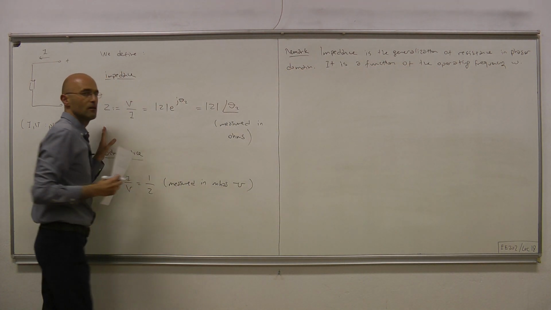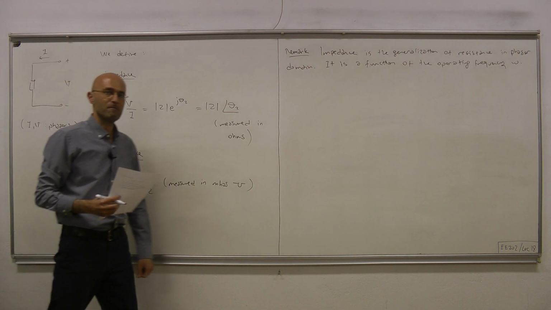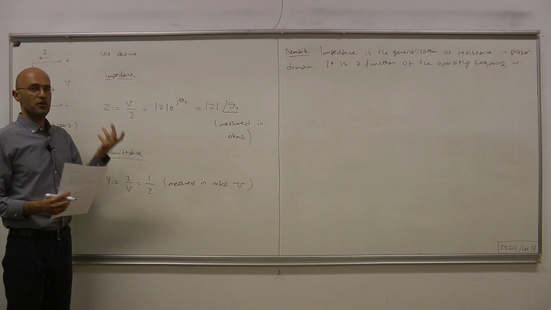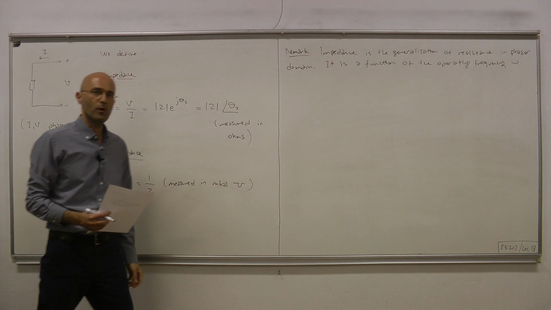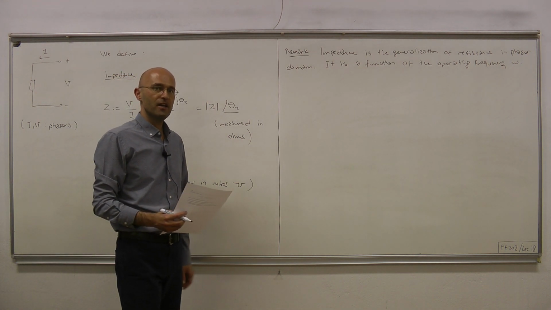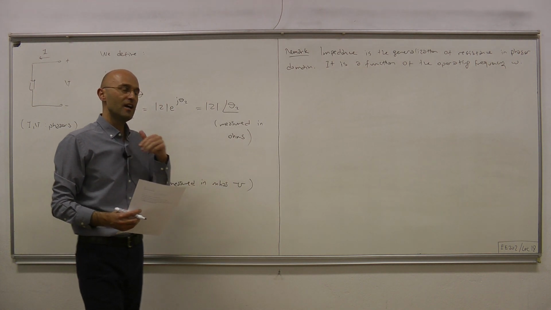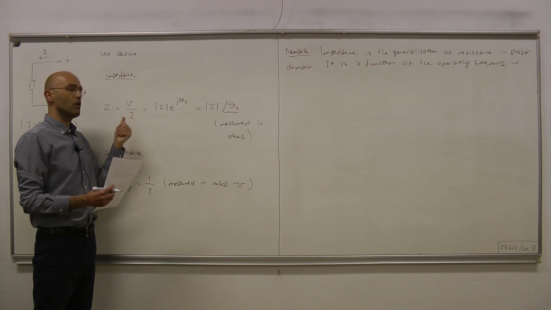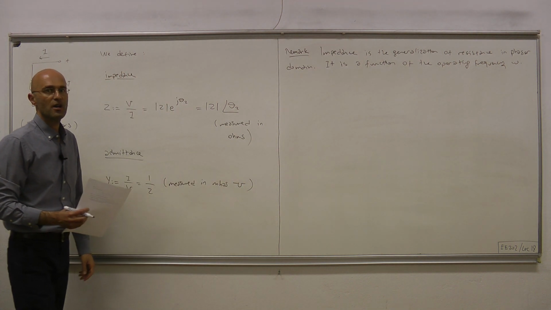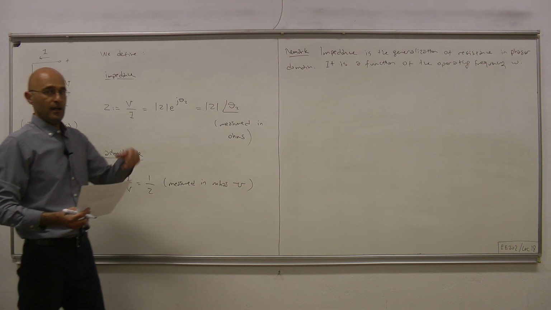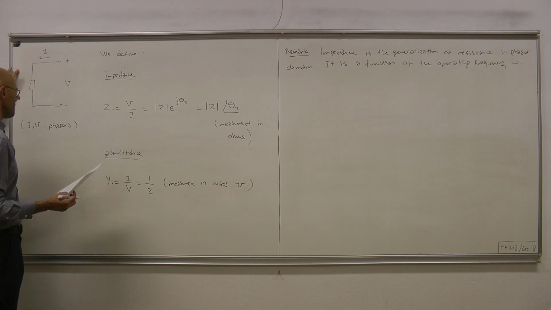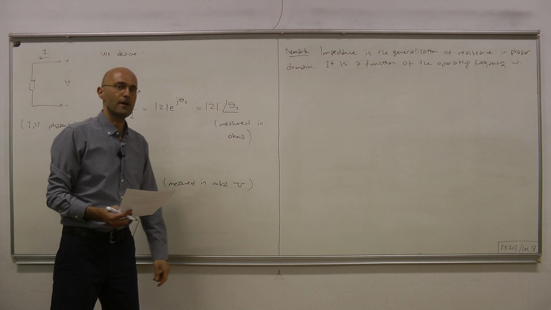For instance, take the inductor. Its impedance, according to this definition, we just figured out to equal what? J omega L. And as the frequency of operation changes, even though the inductance is constant, the ratio of voltage to current changes with omega. Okay, and likewise for the capacitor, and therefore likewise for this one-port.